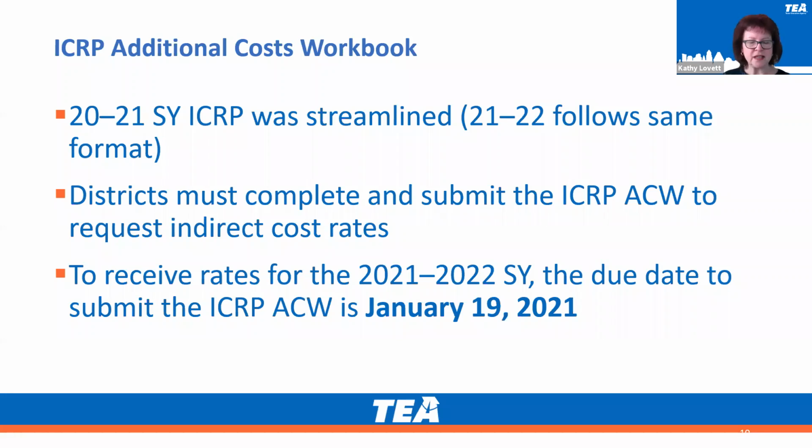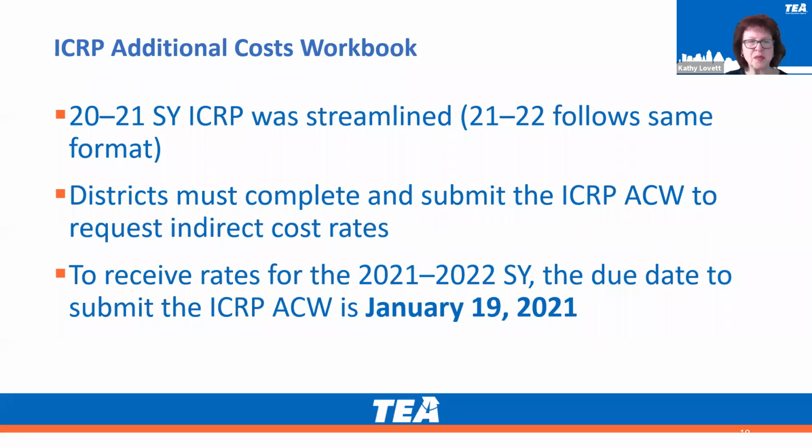Last year, the 2021 ICRP was streamlined. And so this next year's ICRP, for the 21-22 school year, follows the same format. Districts, as I said before, must complete and submit the ACW to request indirect cost rates.